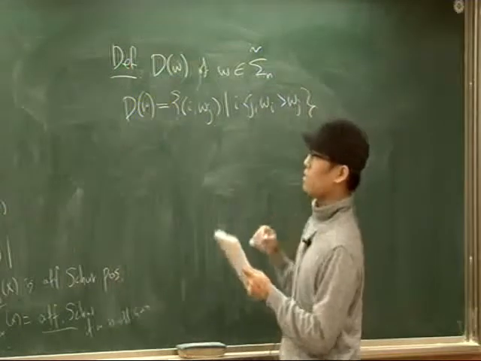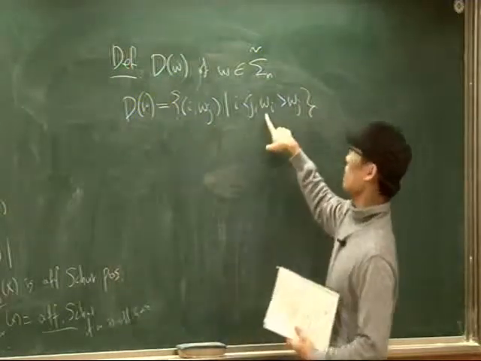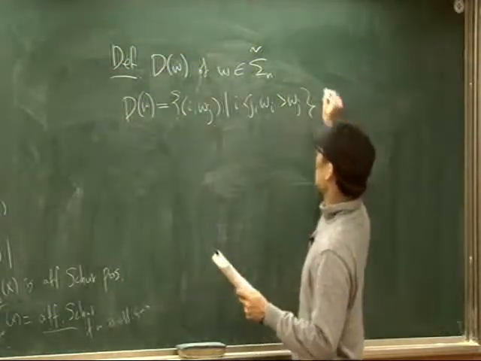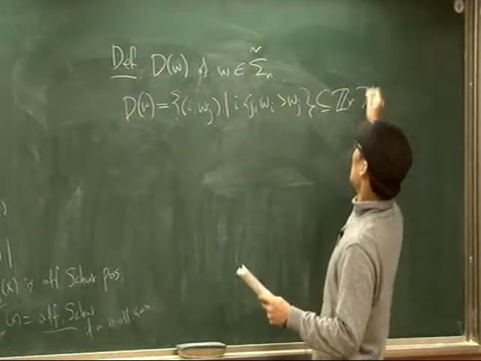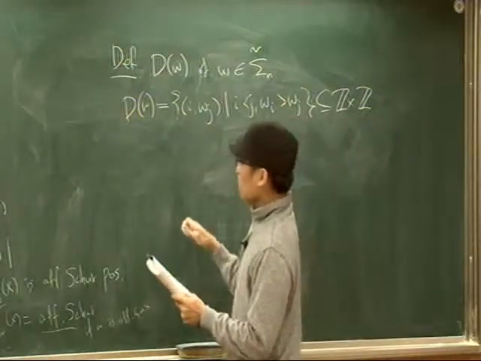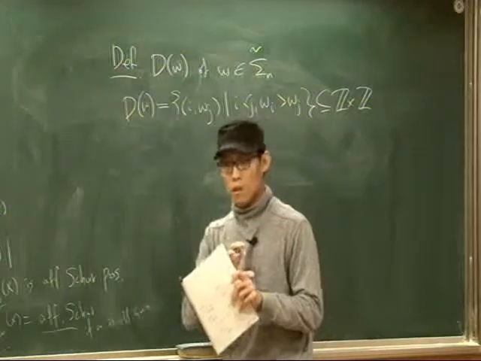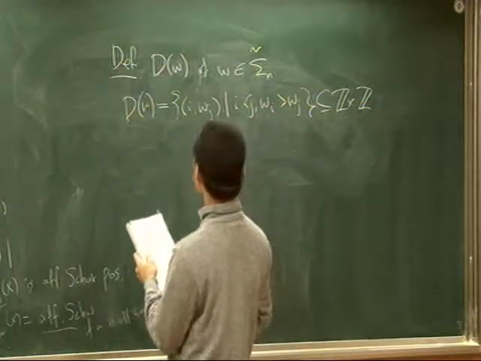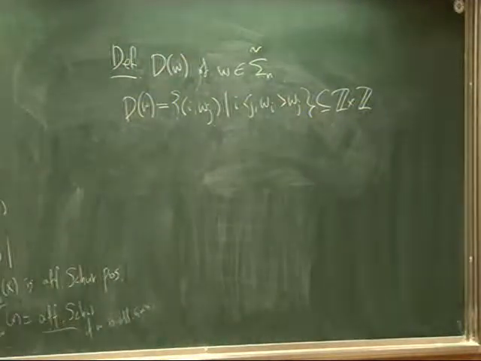But in this case, we have infinitely many W_i. It's an infinite sequence, so it's contained in Z times Z. So it's an infinite collection of boxes. And I'll show you an example.